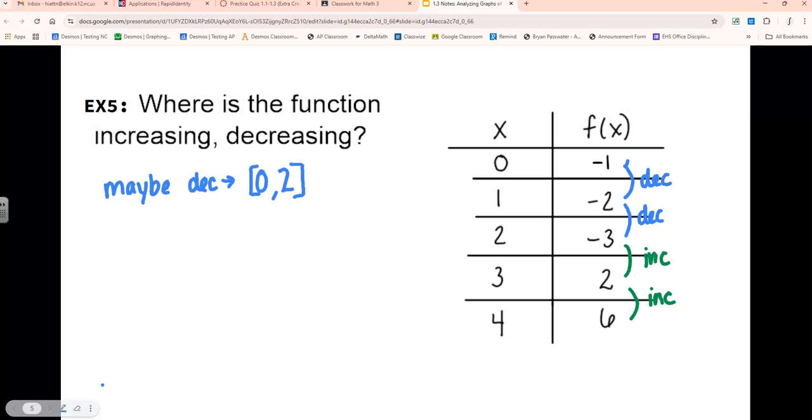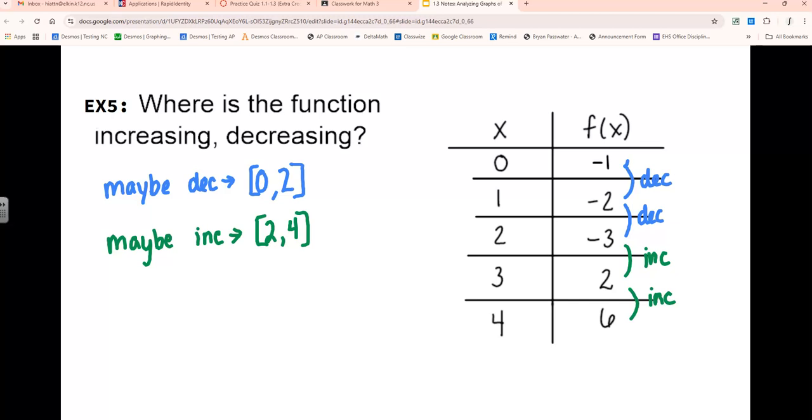And then if I'm talking about increasing, I could say that it's maybe increasing from, use your x coordinates, not your y coordinates, so 2 to 4. This table supports that that might be what's happening there.